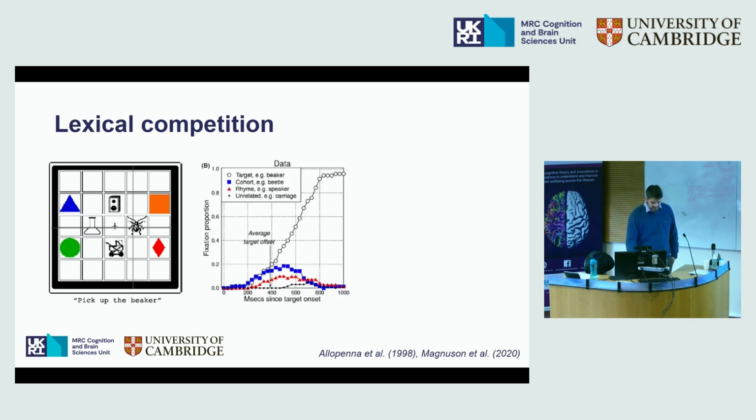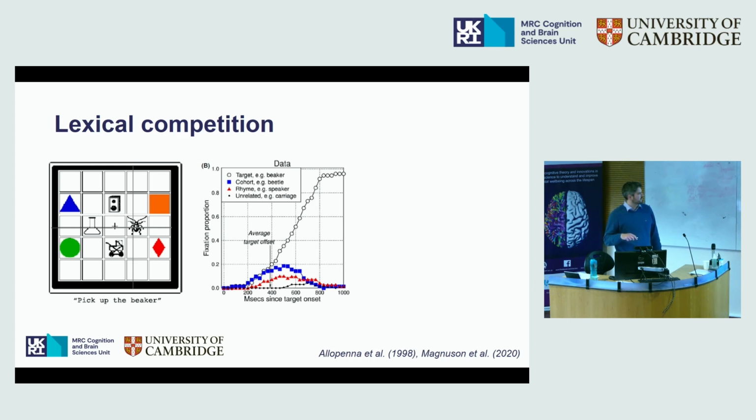Of course, they repeated this with other words, and what you find is that if you plot the percentage of fixations on these words, the target and the cohort word, which is beetle here, are first fixated roughly the same amount. Then as the crucial information dividing between the two words arrives, fixations sharply increase for the target word, and the competitor just drops off.